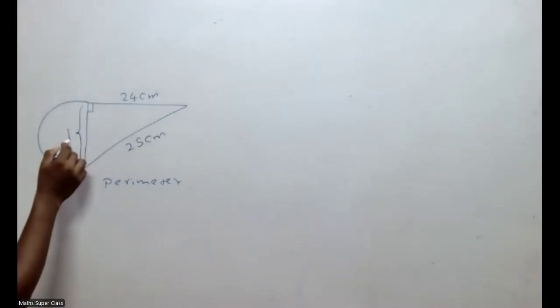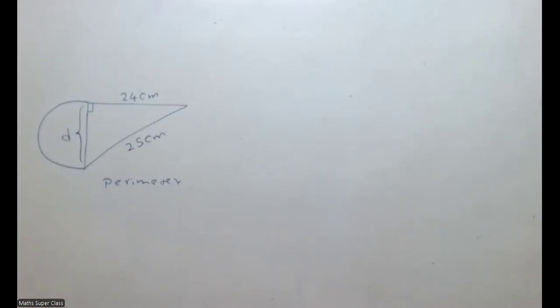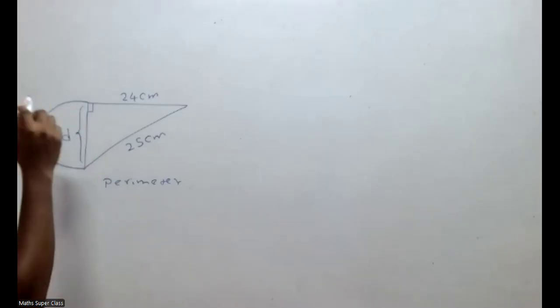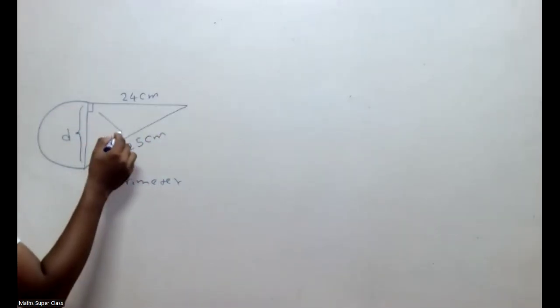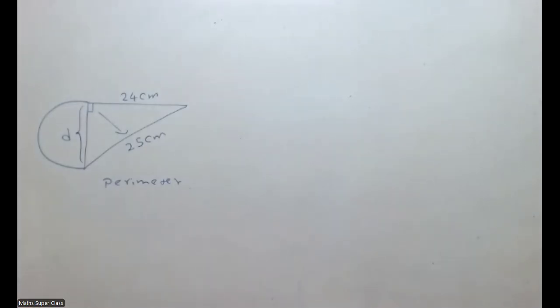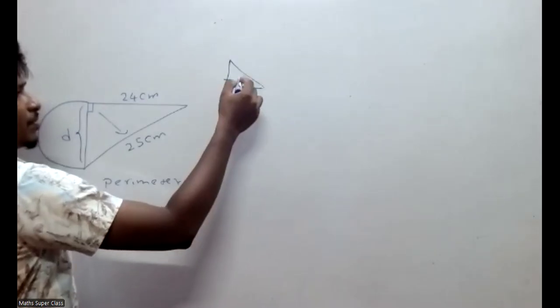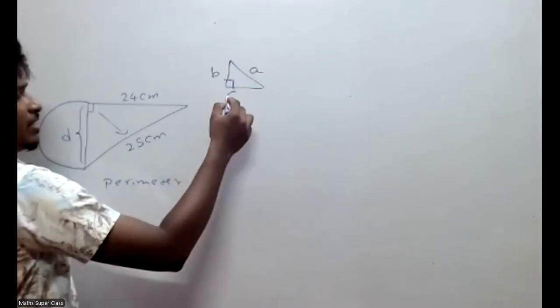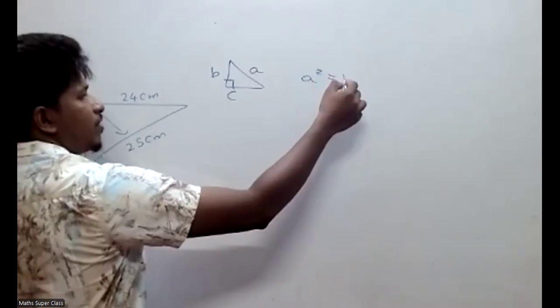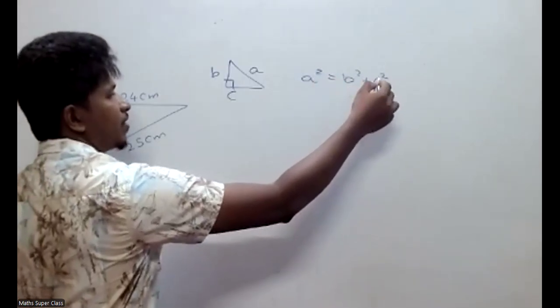I'll name this as D because this is the diameter of the semicircle. In your paper, you can mark D. This is the hypotenuse. We have to start from this one always. If this is A, this is B, this is C, always A square equals B square plus C square.